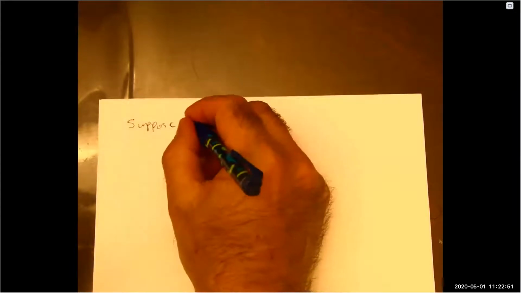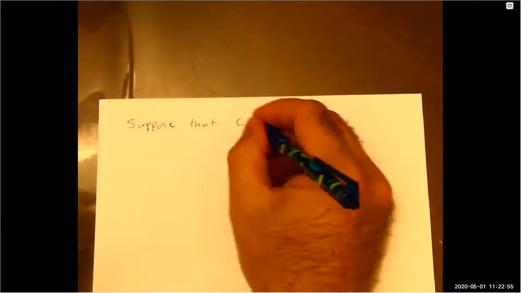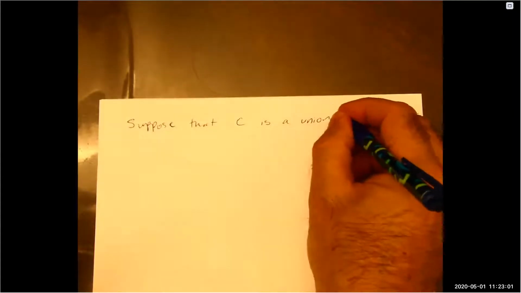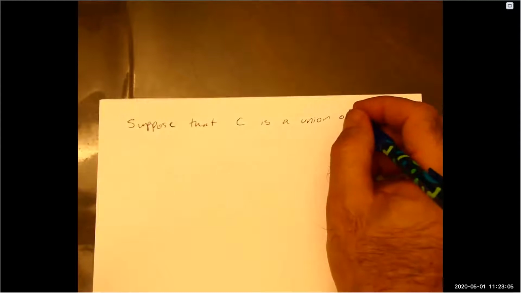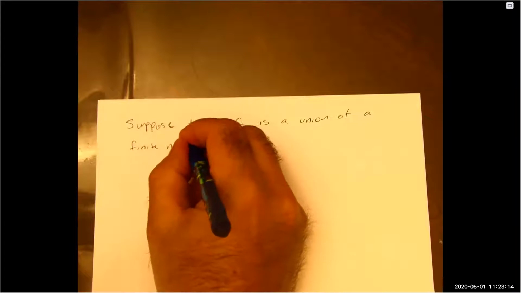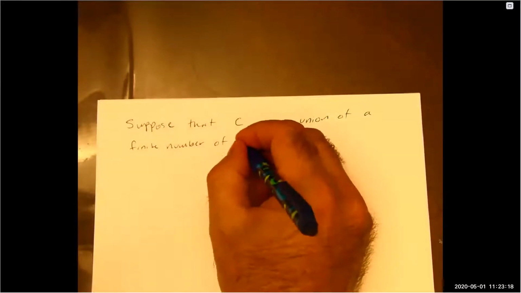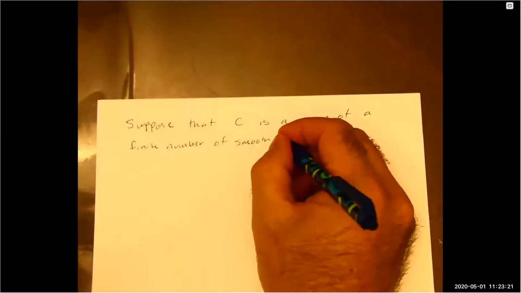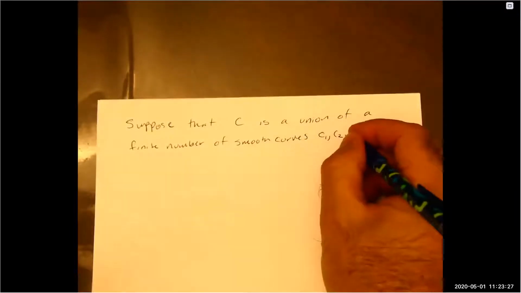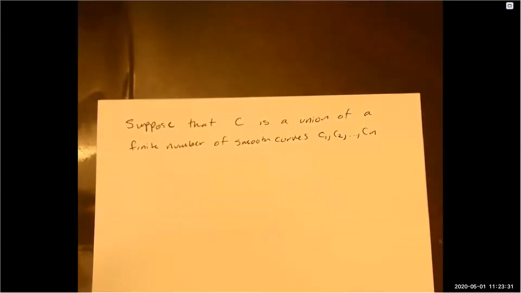Now suppose that C is a union of a finite number of smooth curves, C1 through Cn.